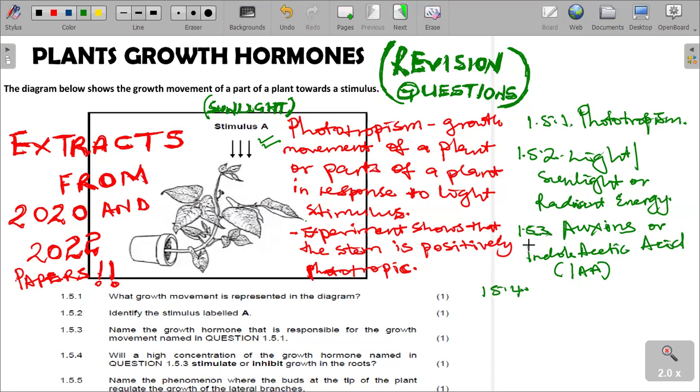1.5.4: Will a high concentration of the growth hormone named in the question above stimulate or inhibit growth in the roots? In our previous lecture, I explained that in regard to geotropism, these auxins are produced at the apical tip of a root or a tip of a stem.